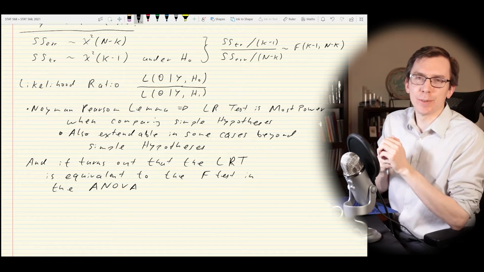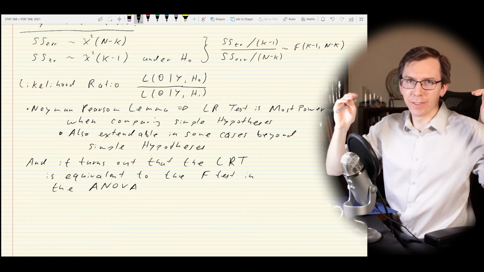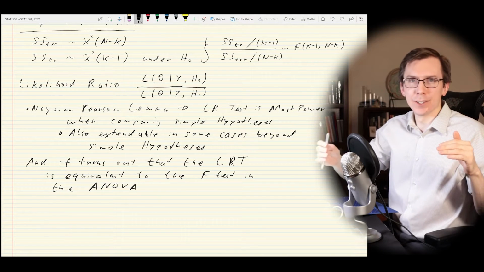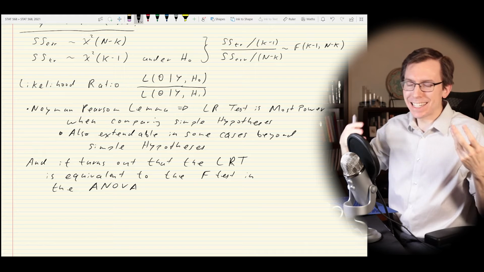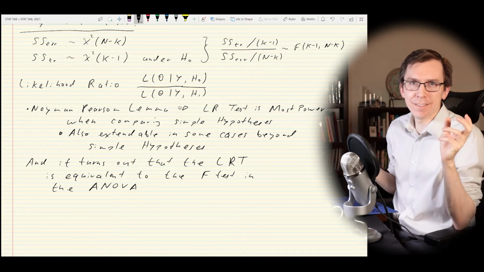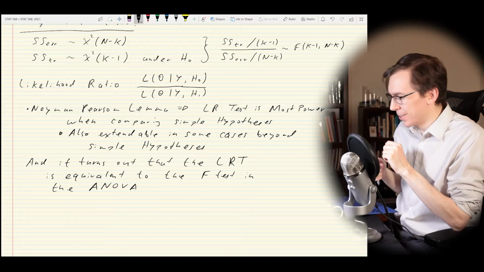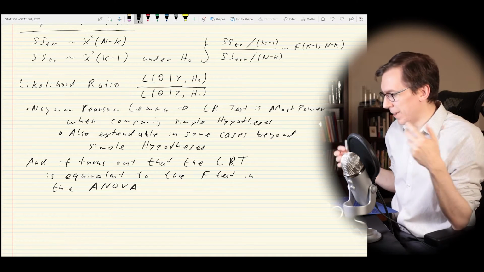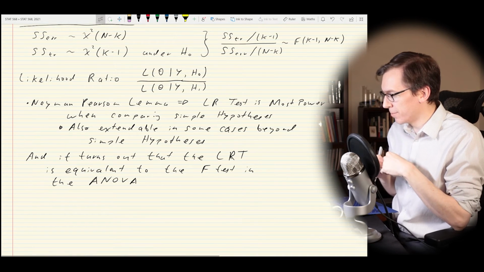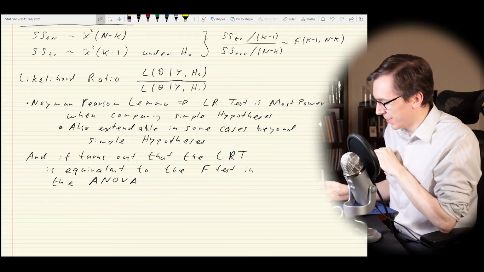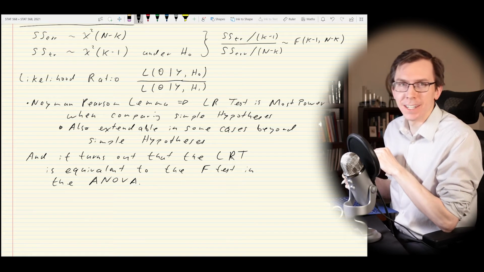Regardless, if you were to write down the likelihood under the null for the normal, divide it by the likelihood for the alternative under the normal distribution, and basically just cancel terms, push everything around, you can derive the likelihood ratio, you can derive the F statistic, which is actually quite a neat thing to try. So I encourage you to try it on your own if you're interested in the mathematical derivation.